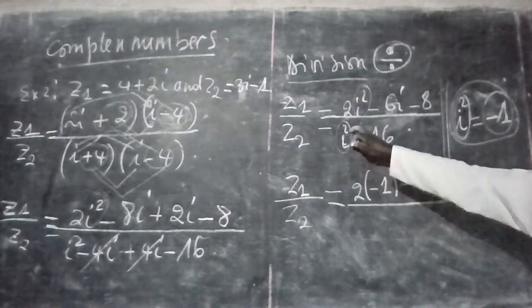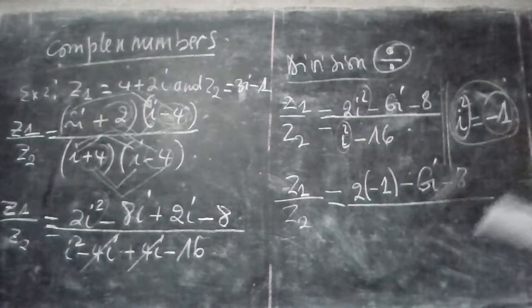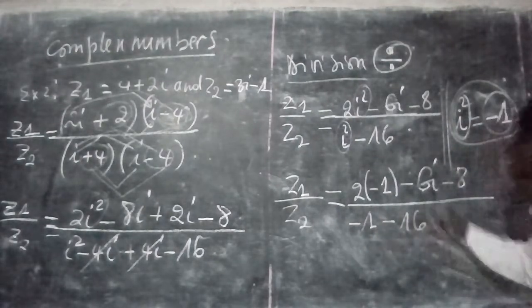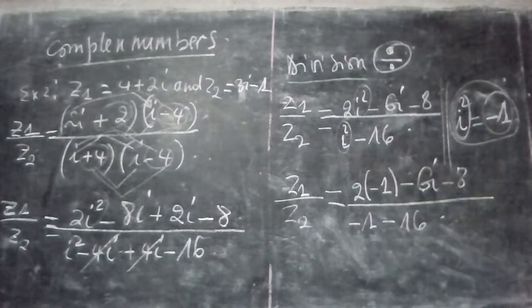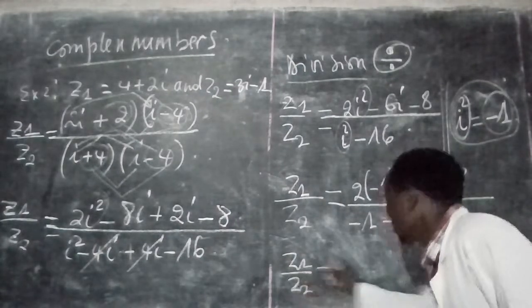In the place of I square, we have to put this number minus 1. It is minus 1 minus 16.